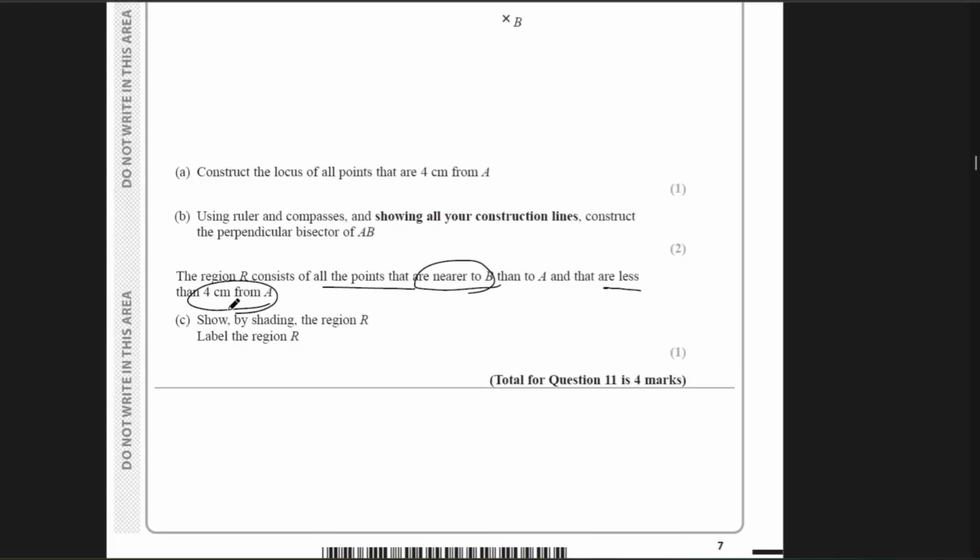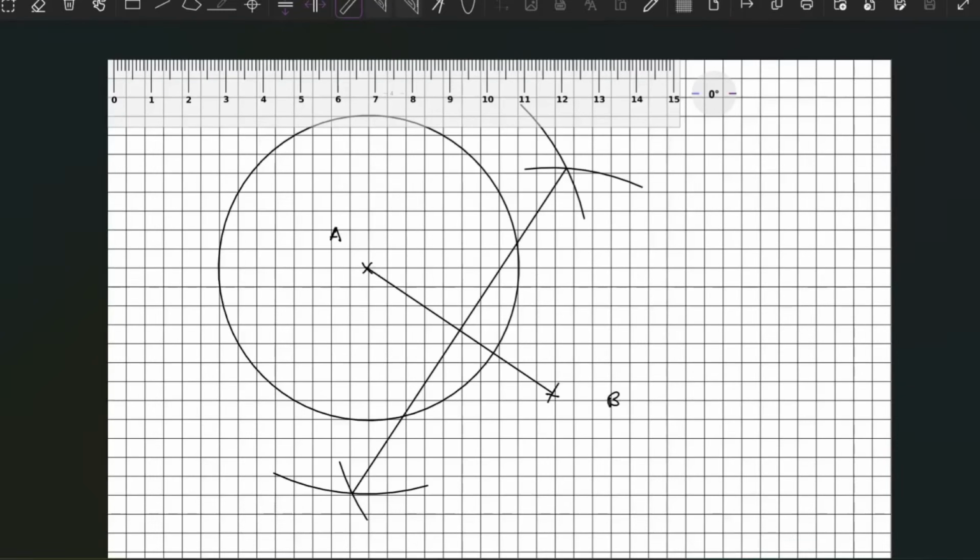So let's have a look at our drawing. We need to shade the area that is closer to B. Since we have the perpendicular bisector, anything on this side of the perpendicular bisector is closer to B, but that's one condition. The other condition is that the area needs to be within 4 centimeters from A. So we already have a locus of points that are 4 centimeters from A. So the region R should be this.